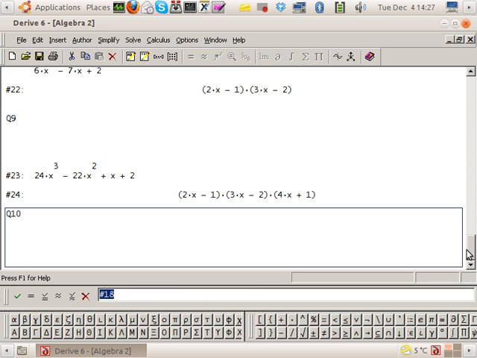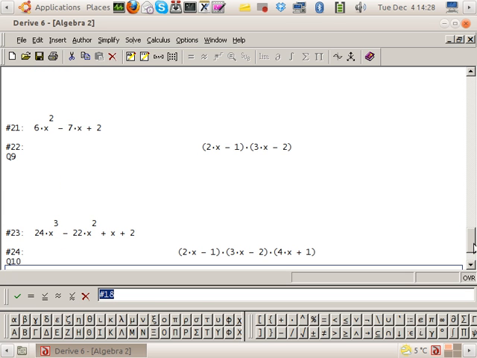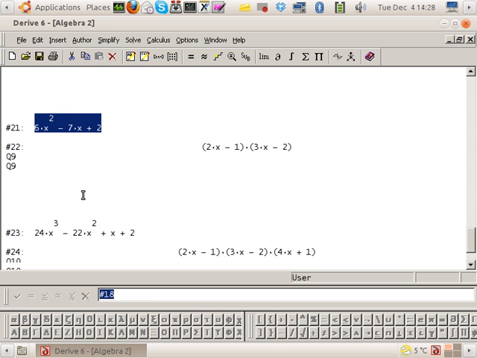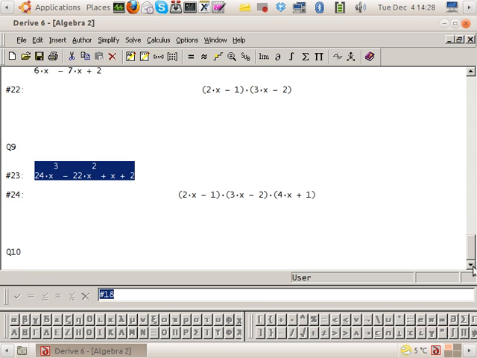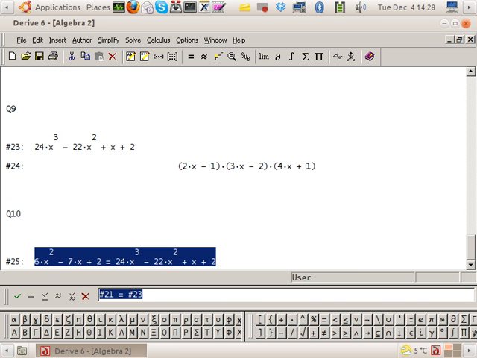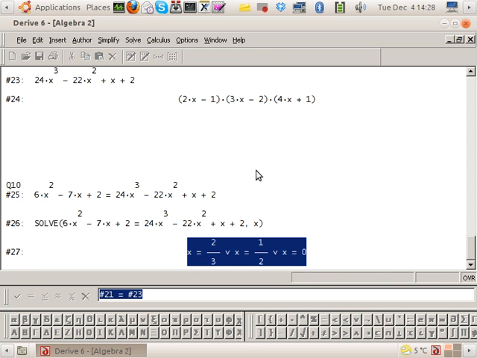Solve for when number 7 equals number 8. So there you can see 21 equals 23. So I need to type that in. 21 equals 23. And then what do I do? Solve, expression, solve. And that's the answer there. Any questions?